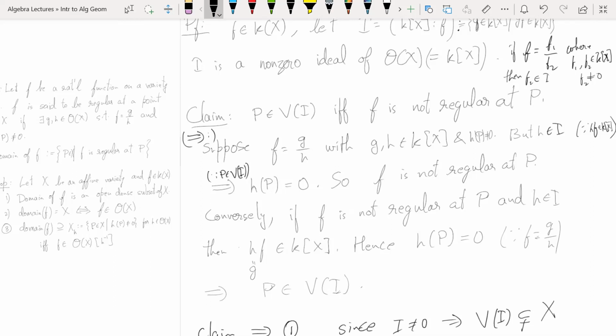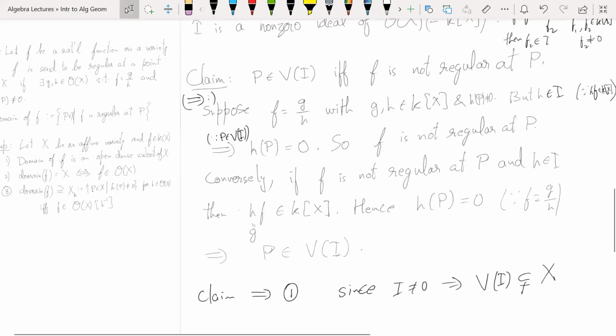Conversely, if f is not regular at P and h belongs to the ideal I, then we want to show that h(P) is 0.